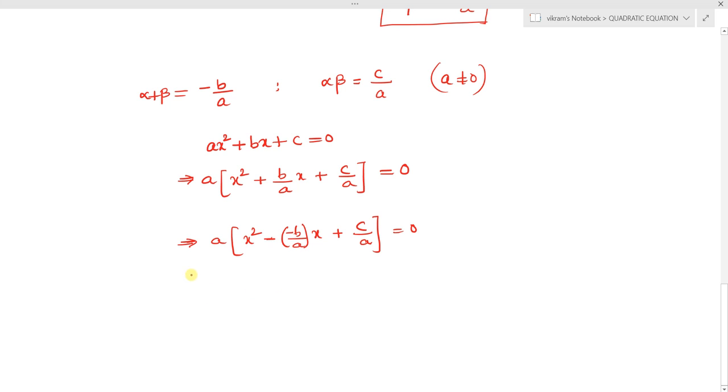Okay, so in this one, a times x square minus, and what is this minus b by a? Minus b by a can be written as alpha plus beta, so minus b by a can be written as alpha plus beta into x.